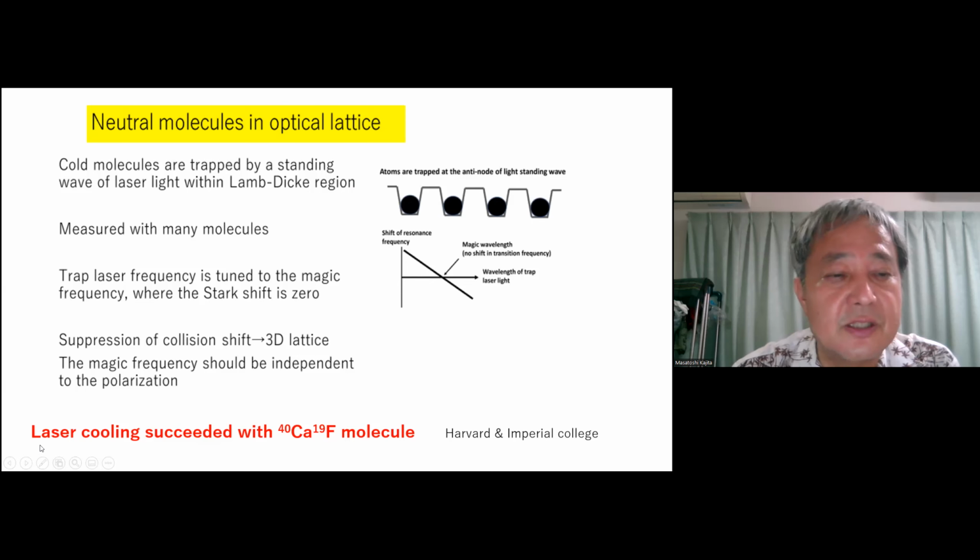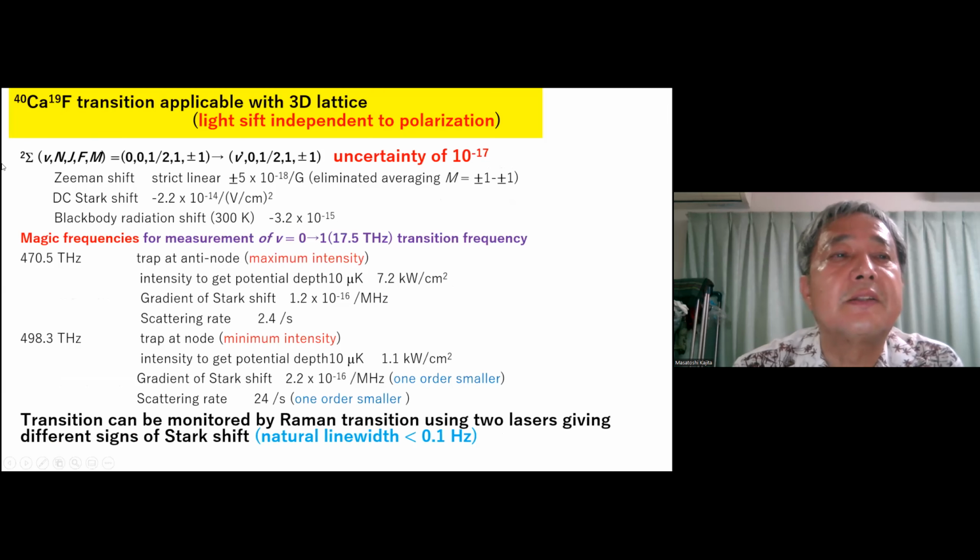Recently, laser cooling succeeded with calcium fluoride molecules at Harvard University and Imperial College. And the calcium fluoride transition is applicable with a 3-dimensional lattice because the light shift is independent of polarization.